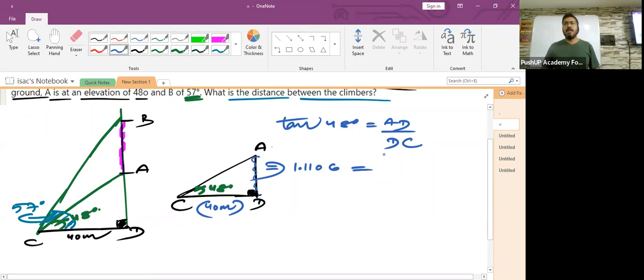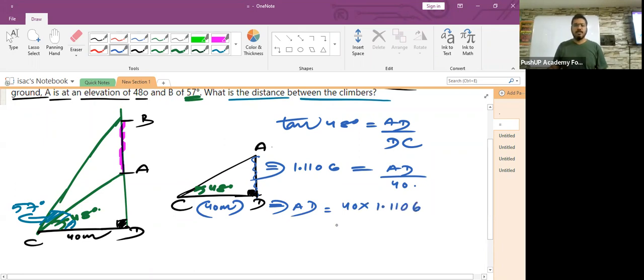1.1106, which is equal to how much is AD? AD is what we had to find. DC is 40. Thank God there is no problem of division of two numbers, so we can directly multiply both of them. So AD will be equal to 40 multiplied by 1.1106.